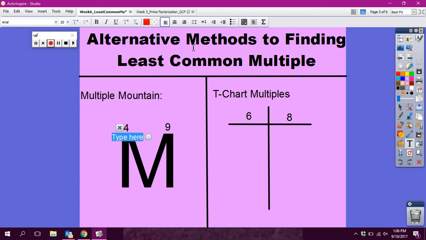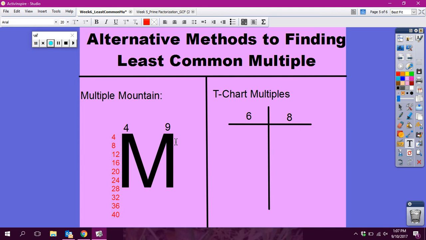So if I'm doing multiple mountain, what I have to do is actually list out or skip count using the number 4. So the first multiple of a number is always the number itself. Okay, then 4, then 8, 12, 16, 20, 24, 28, 32, 36, 40.